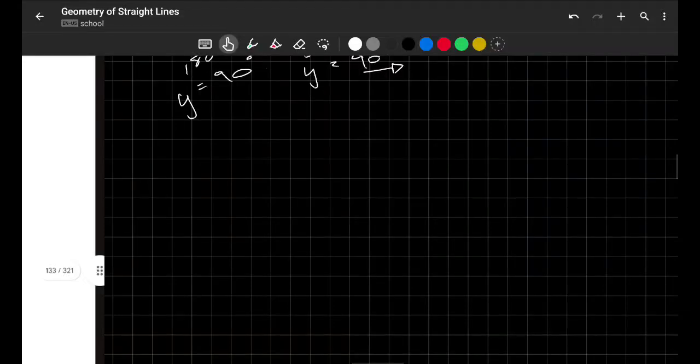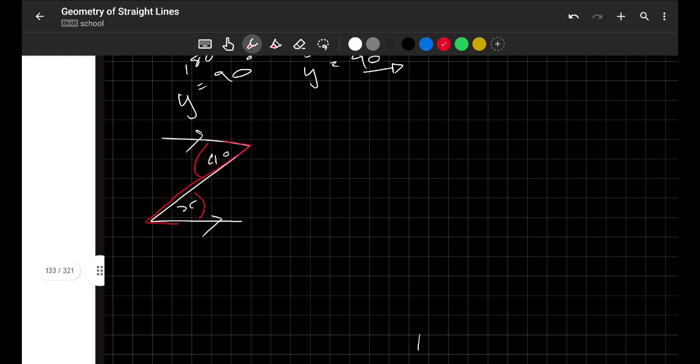Now we move on to the next one, which is alternate angles, and that we draw with a very nice Z, right? Alternate angles: if this is 40 degrees and we say find the value of x, remember what I said, there must always be parallel lines. So that line and that line are parallel. I know that there's a little Z right there, meaning that this angle is equal to that angle.